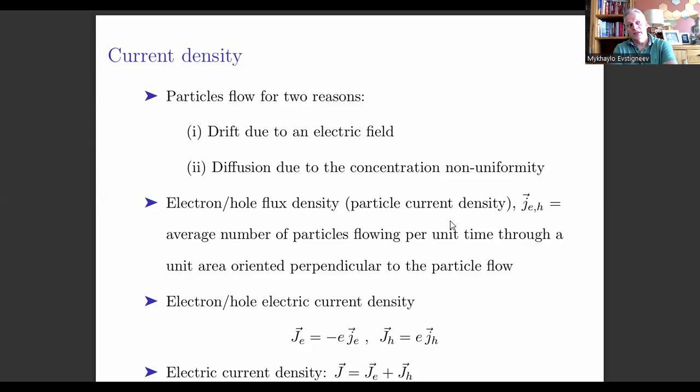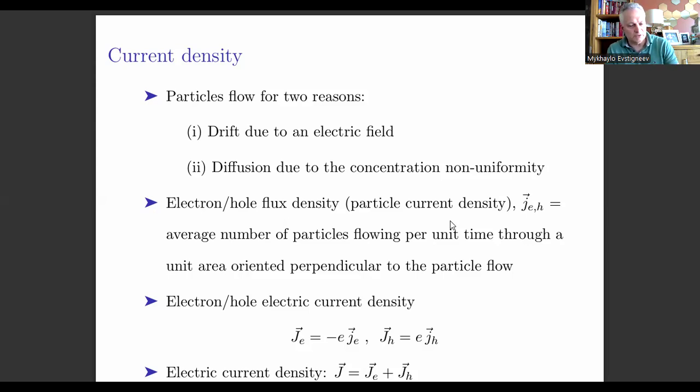This is diffusion. Now, if you create somehow, for example by non-uniform doping with donors or acceptors, a non-uniform distribution of charge carriers in space, so you have a little bit more charge carriers here than there, then on average, the charge carriers will tend to diffuse from the regions where their concentration is high to the regions where their concentration is low.